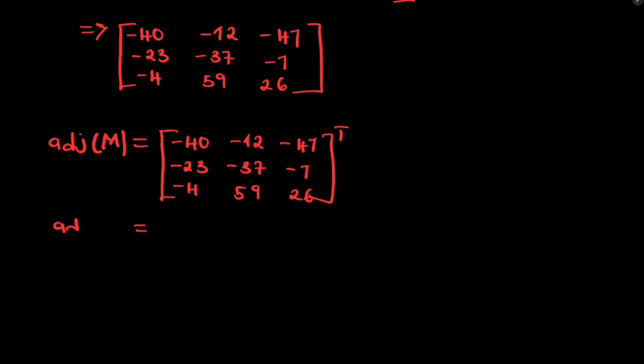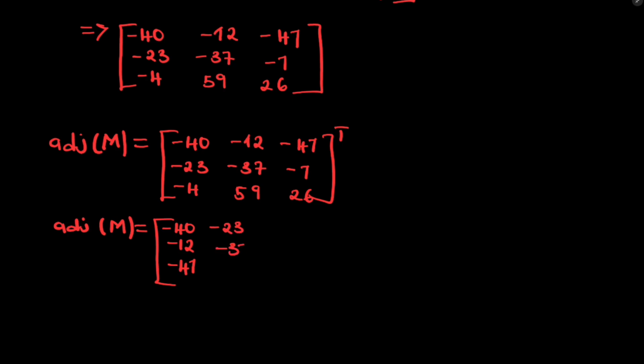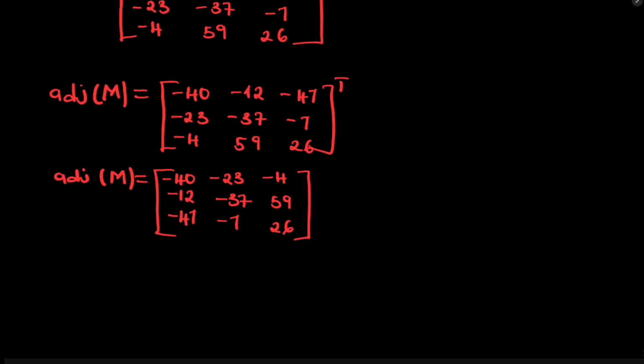Our adjoint will finally be: the first row becomes the first column, so minus 40, minus 12, minus 41. The second row becomes the second column, minus 23, minus 37 and minus 1. And the third row becomes the third column, minus 4, 59 and 26. So this is the adjoint.